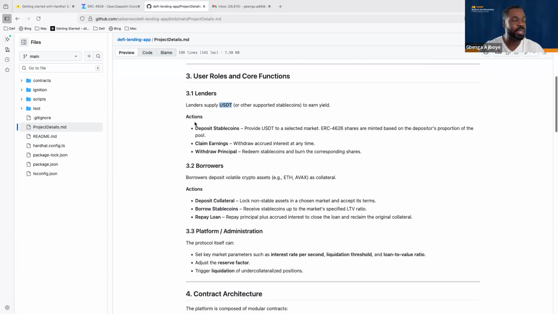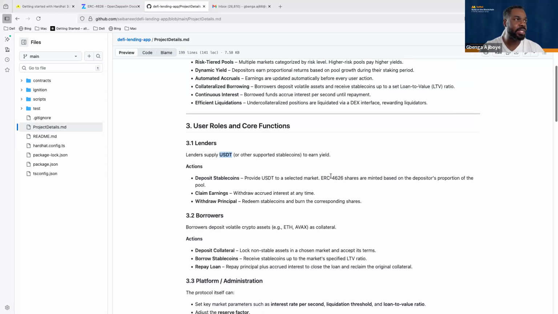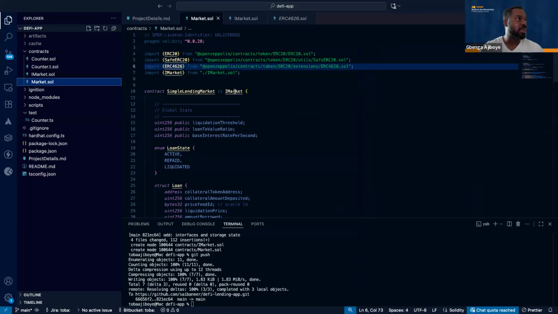So the lender can take three actions. They can deposit their stablecoins, and when they deposit their stablecoins, I should probably also mention there is a contract that we are going to be inheriting. It's called ERC 4626. I imported it in here.